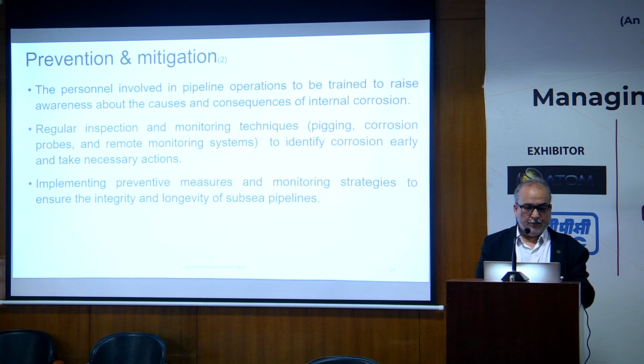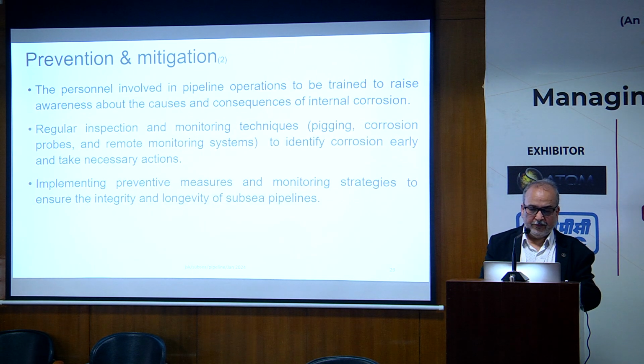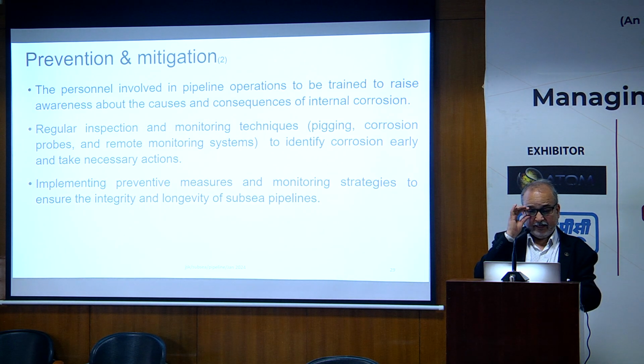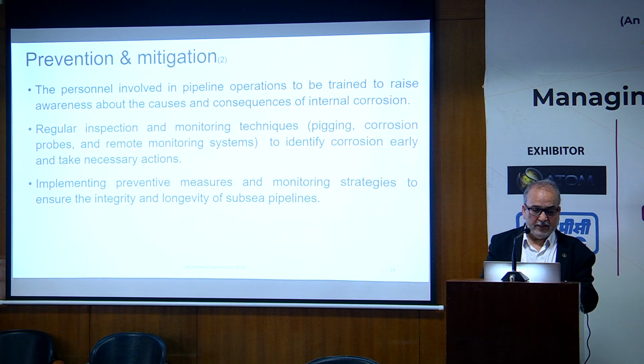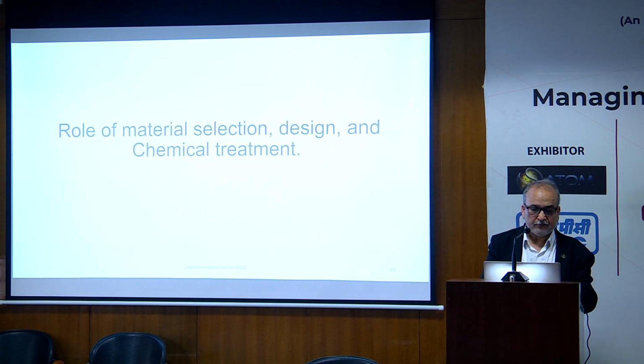The personnel involved are also to be trained to take care of the consequential internal corrosion. Regular inspection and monitoring techniques such as pigging, probes and remote monitoring, and implementing preventive measures and monitoring strategies ensure the integrity and longevity of the subsea pipelines.